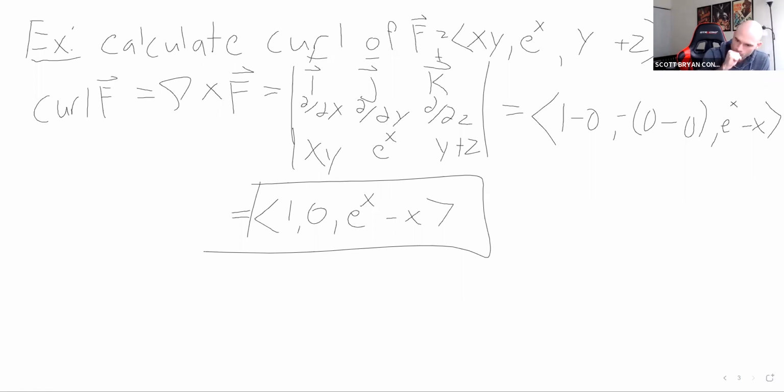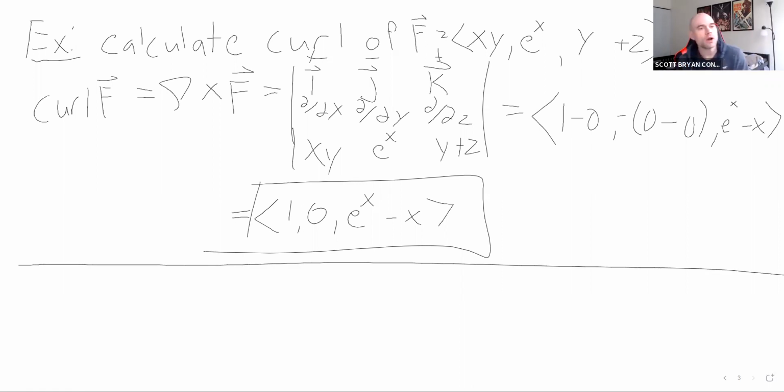So it's kind of weird, actually, describing what exactly curl is physically.